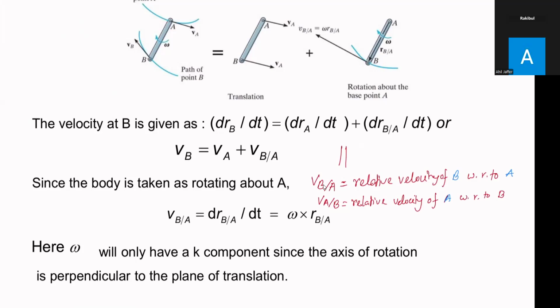So VBA is the relative velocity of B with respect to A. VAB means relative velocity of A with respect to B. Clear now?